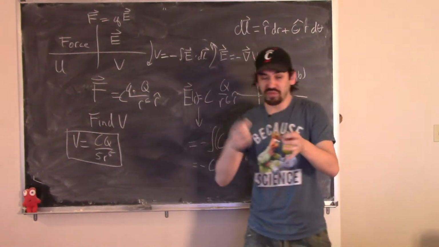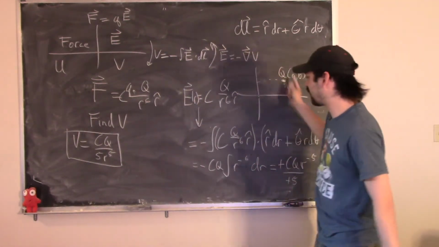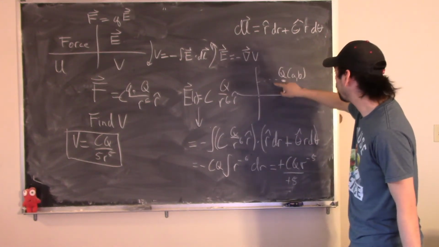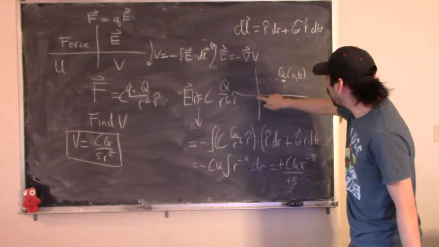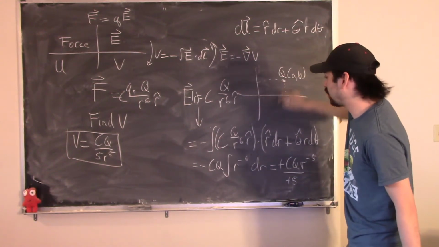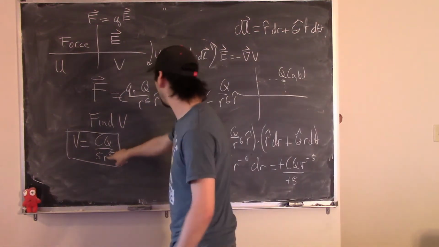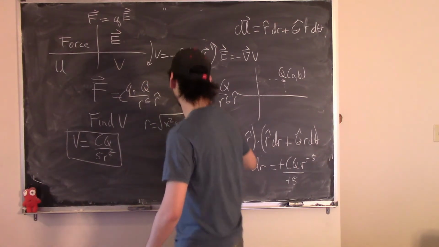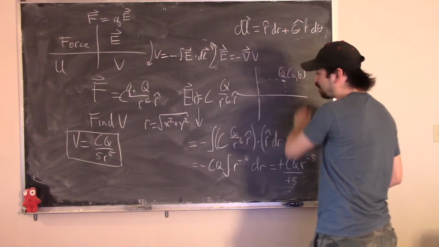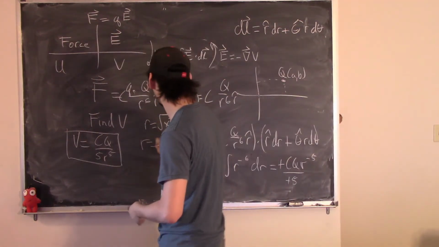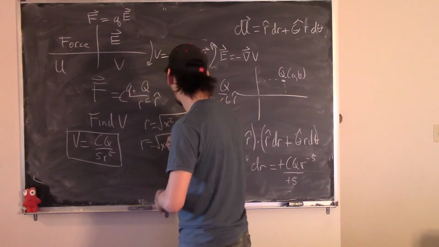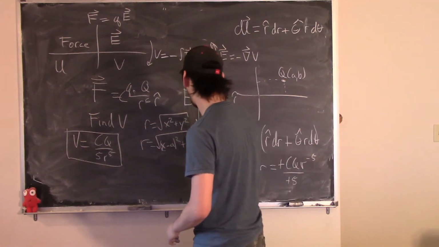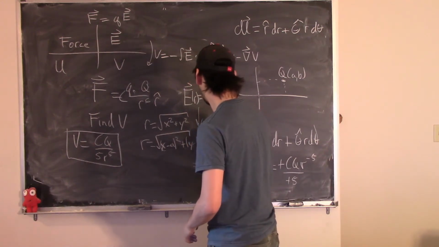But now we're shifting coordinates, and this is the part that, like I said, I wouldn't ask you something quite like this, but I'll finish this for completeness. If we move this charge from here to here, we know that for this function as it's written, r is equal to the square root of x squared plus y squared. But shifting this to the point (a, b) changes this, so r is equal to the square root of (x minus a) quantity squared plus (y minus b) quantity squared.